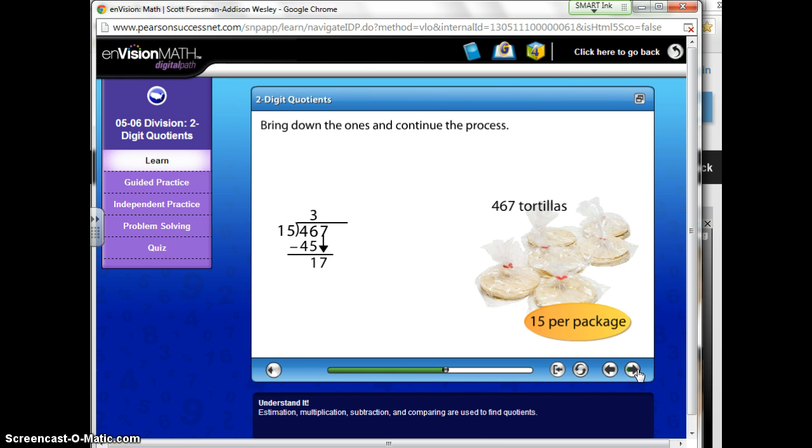How many 15s are there in 17? 1. Only 1. 1 times 15 is 15. Our remainder would be 2. So, how many complete packages of tortillas will there be? 31 packages. Do we have any leftovers? Yes. 2 leftovers for me to eat. That's right.